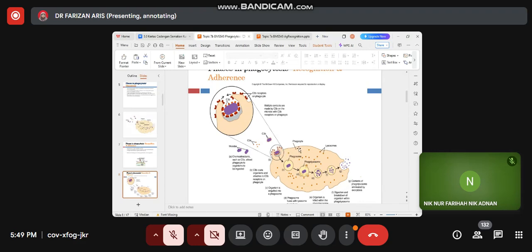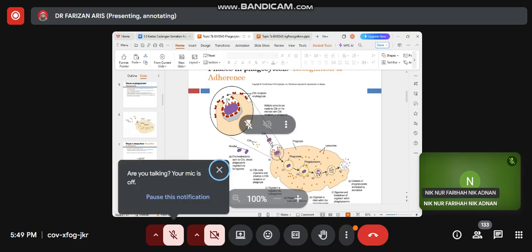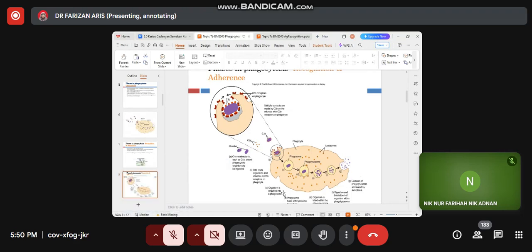So the surface of a phagocyte will not just blindly bind to the pathogen. There is some factor that will cause them to bind. So this is a very specific interaction actually. When you find a specific pattern coated, they will bind, followed by the engulfment into a structure called a phagosome inside the phagocytes.